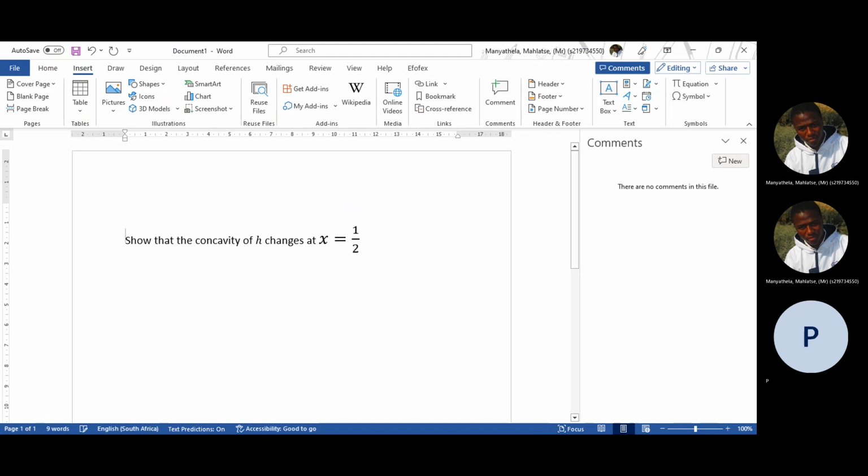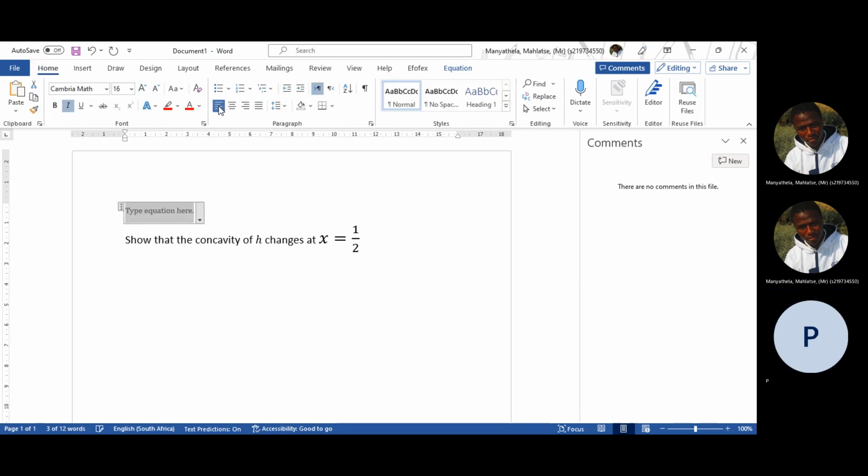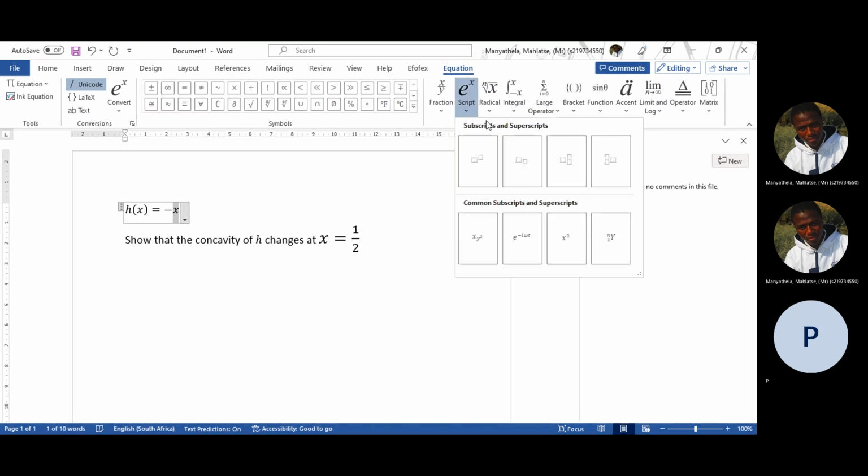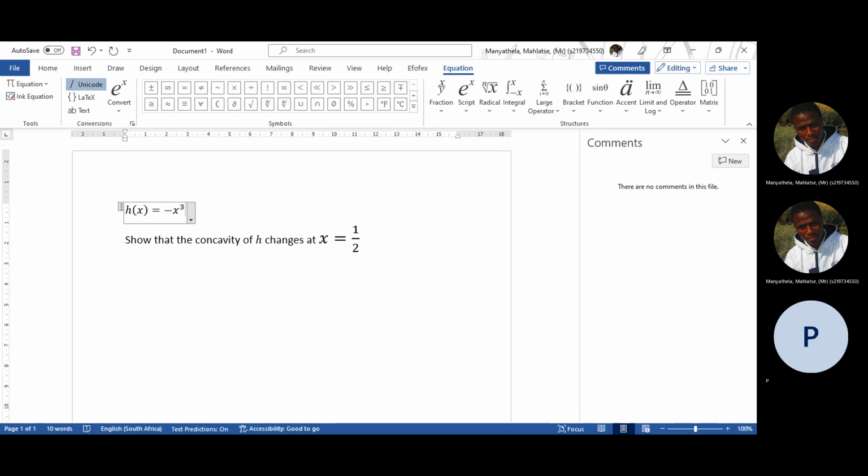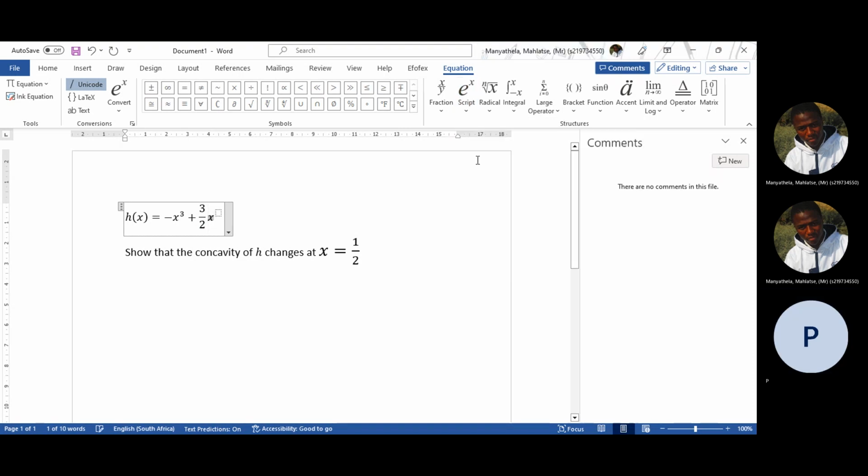Let me just write it down. h of x equal to negative x cube plus 3 over 2 x squared plus 6x.